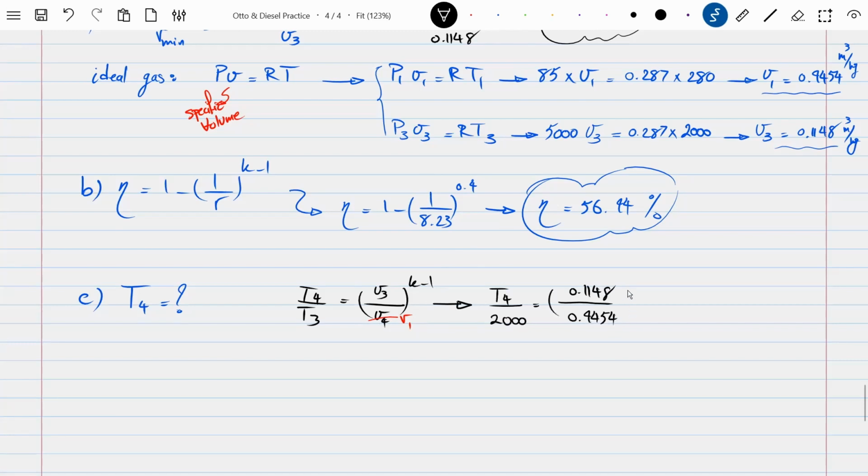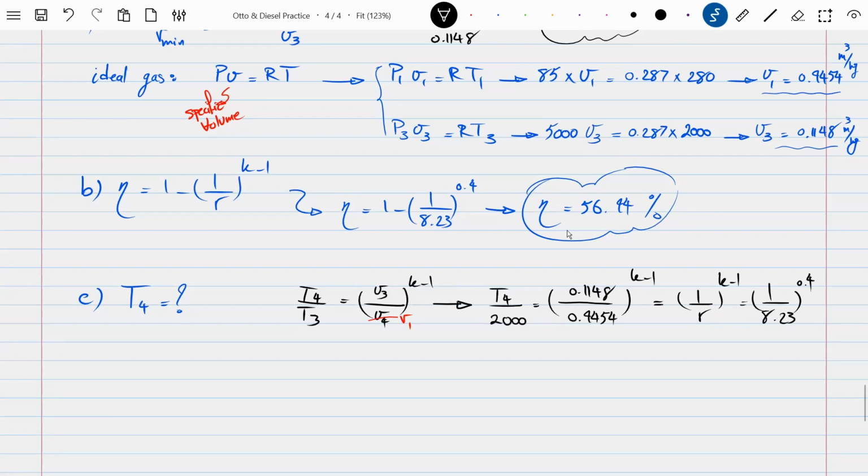So 0.9454 raised to K minus 1, which is a very curious equation because what you see in the parentheses here is the inverse of compression ratio. So you are actually looking at 1 over R raised to K minus 1, or 1 over 8.23 raised to 0.4.